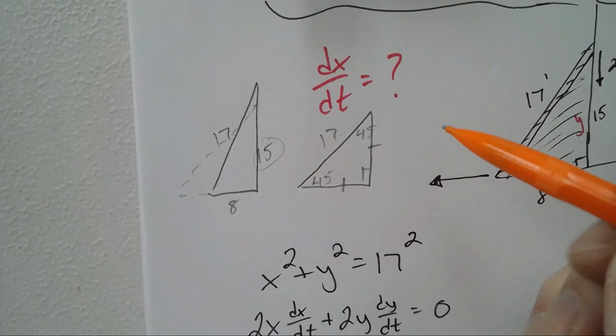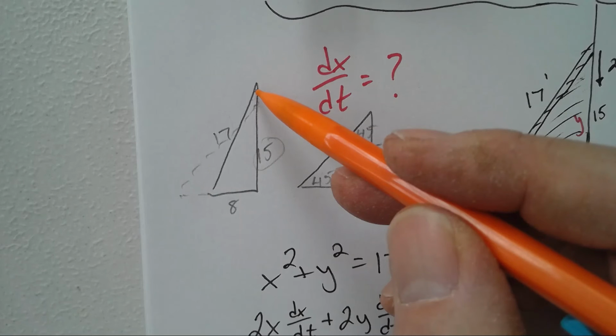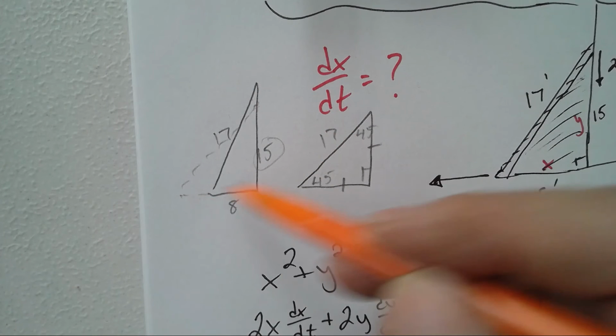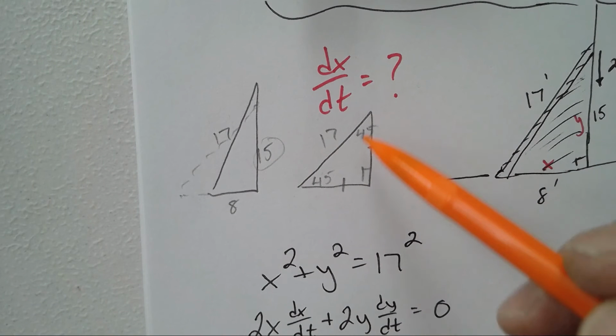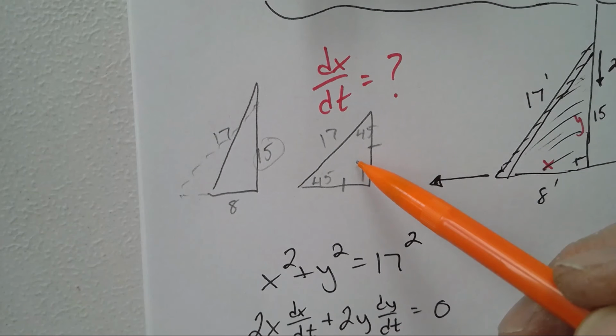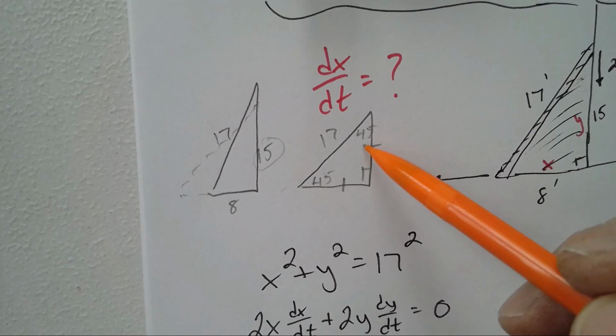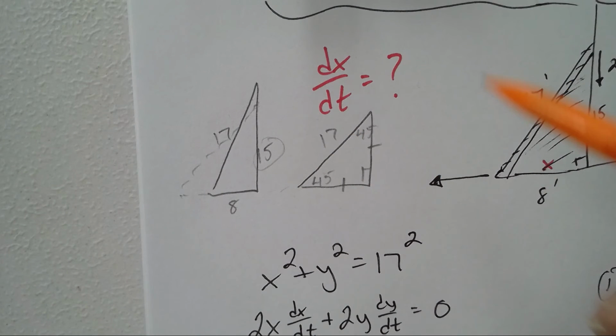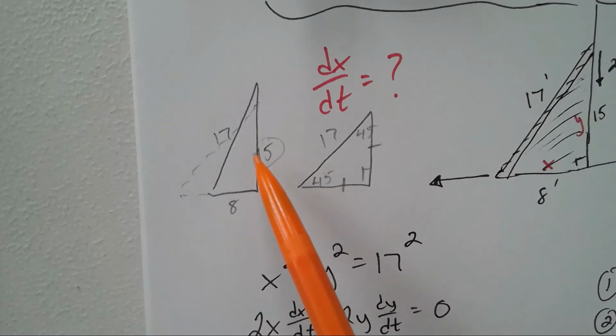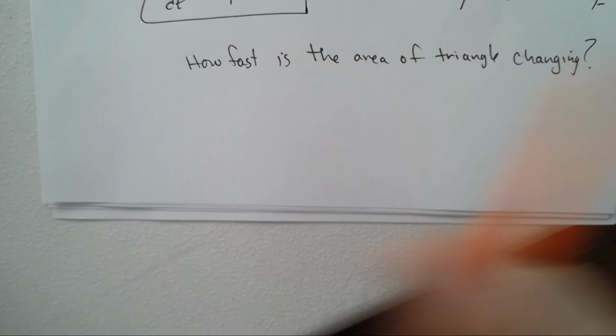So since it's sliding down, this side's getting bigger and this side's getting smaller, the area should be increasing until it gets here. And then after that, if it keeps sliding down, it's going to start to get smaller and smaller. So for our purposes, our area should be getting larger. That was a lot of questions just about one little part of the problem. Sorry about that.